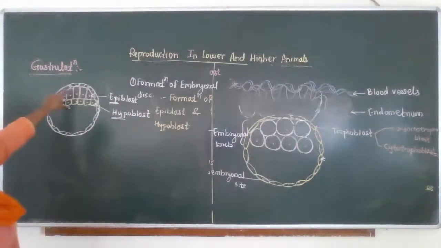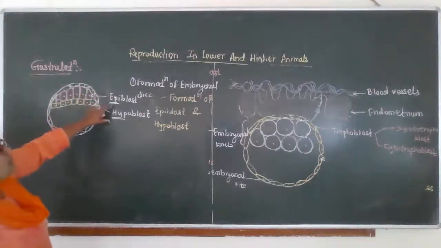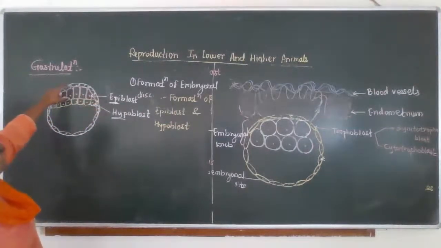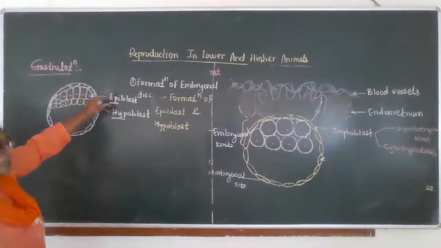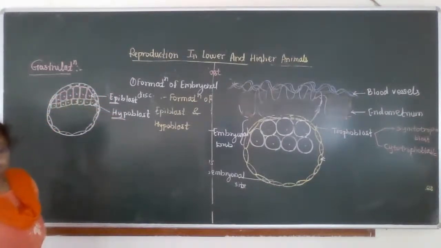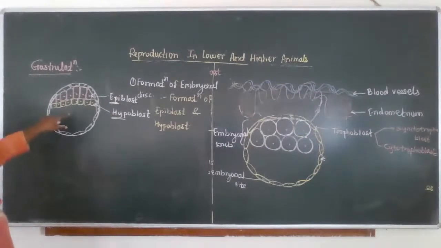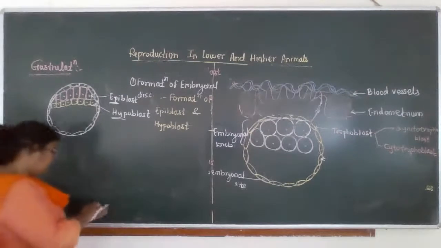These two layers get formed, one is the epiblast and one is the hypoblast. The big columnar cells are called the epiblast cells, and the small cuboidal cells are called the hypoblast cells. Okay. Here there is a cavity, which we call the blastocoel, right? So everyone is clear? Now, this is the first event, and then the second event.